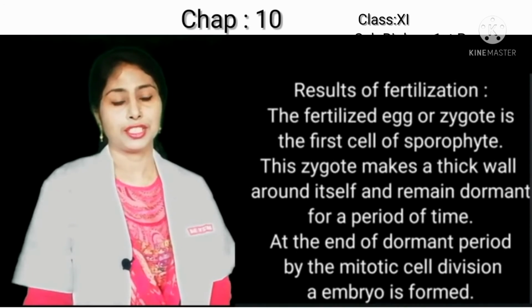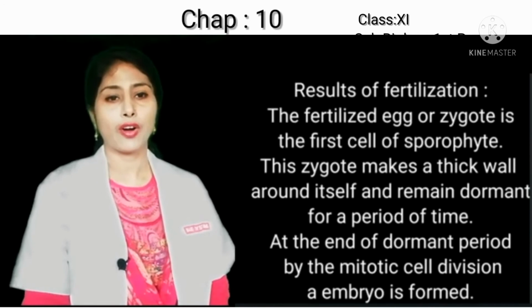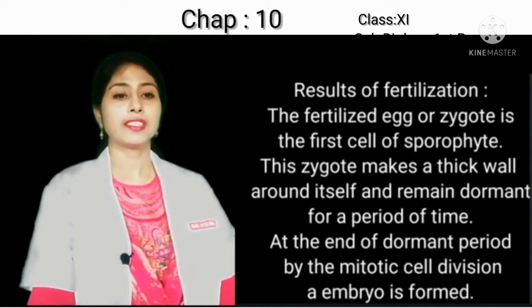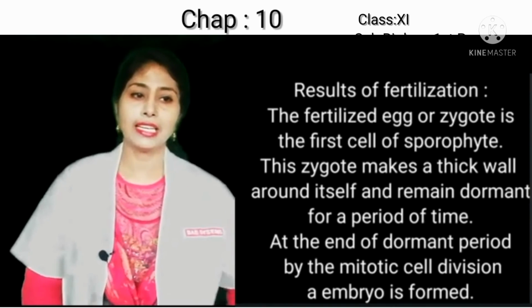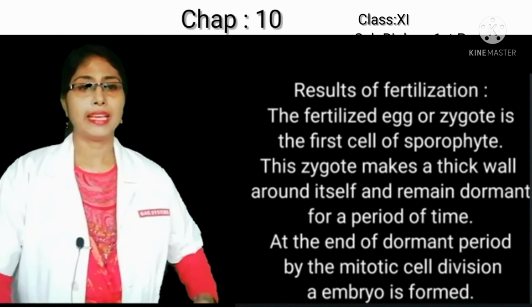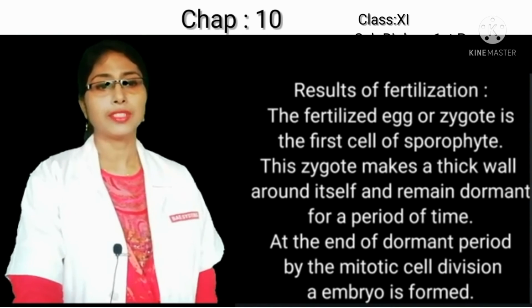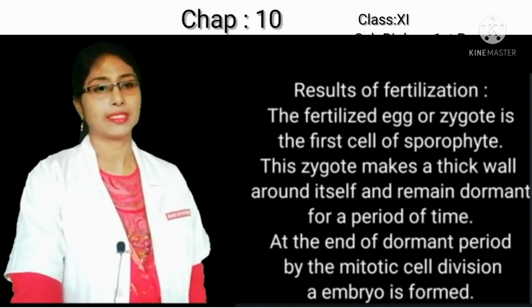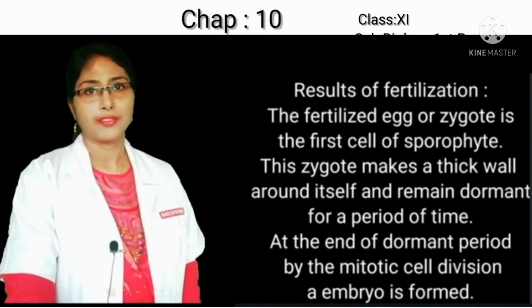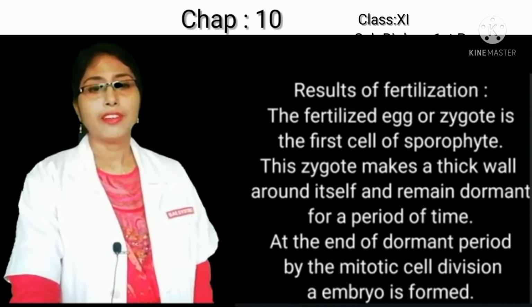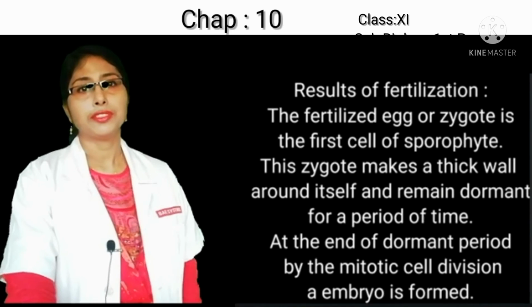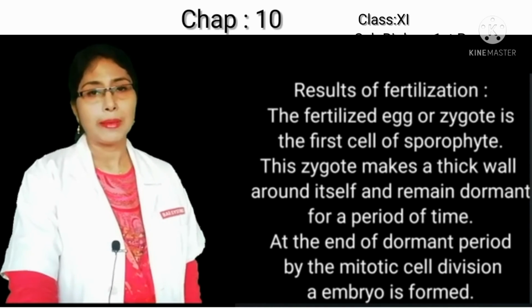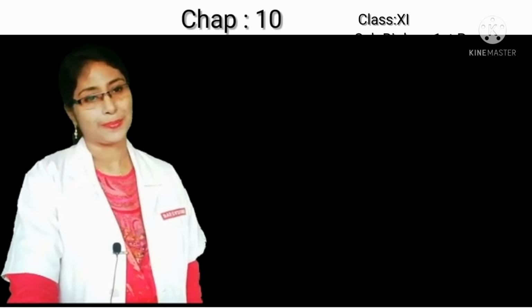Results of fertilization. The fertilized egg or zygote is the first cell of sporophyte. This zygote makes a thick wall around itself and remains dormant for a period of time. At the end of dormant period, by mitotic cell division, an embryo is formed.